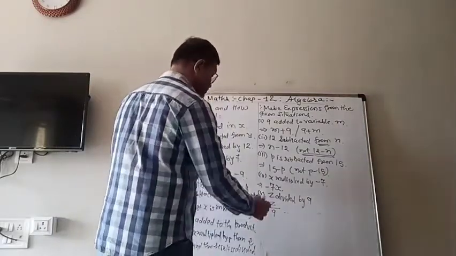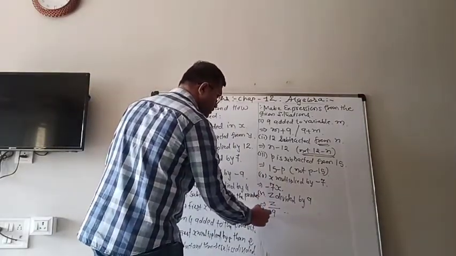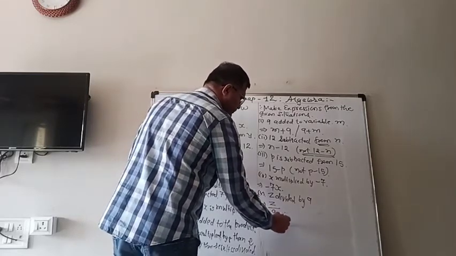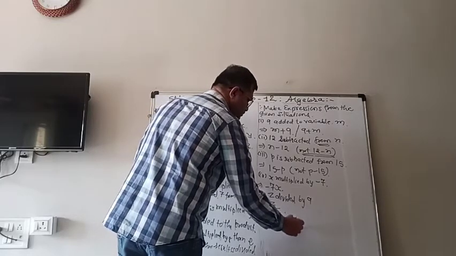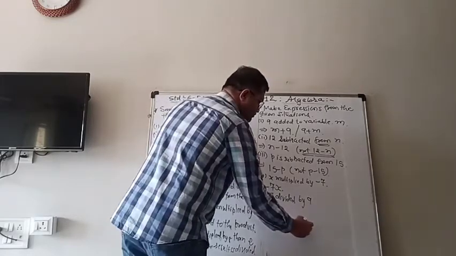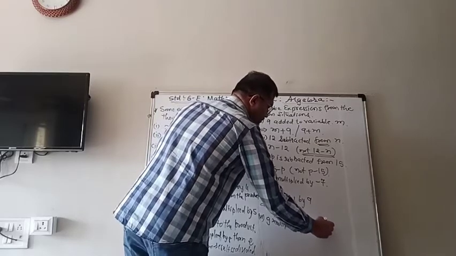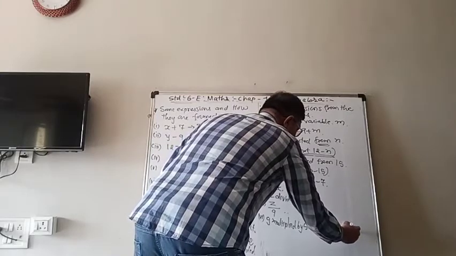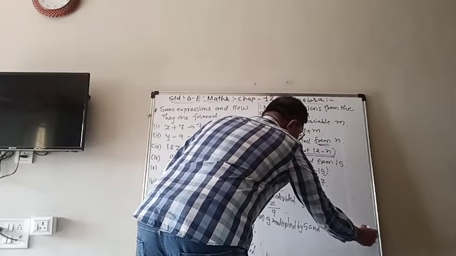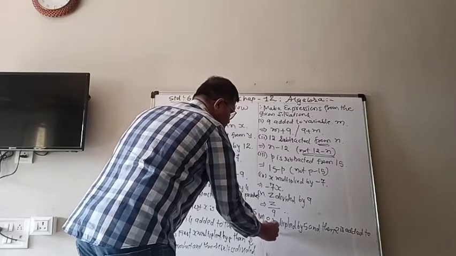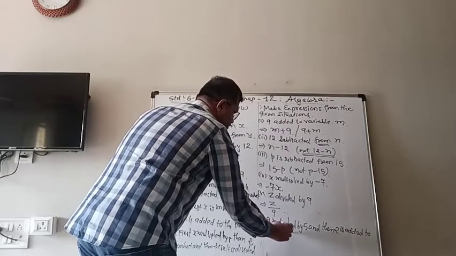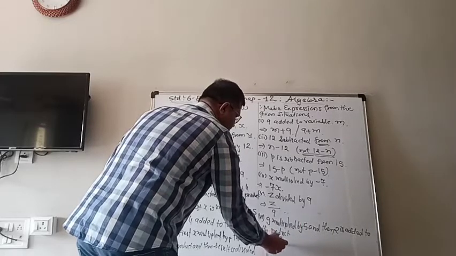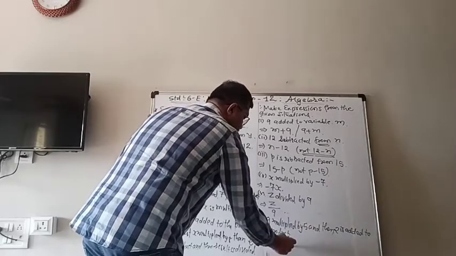Then g multiplied by 5 and then 2 is added to the product. So here first g is multiplied by 5, which means 5g, plus 2.